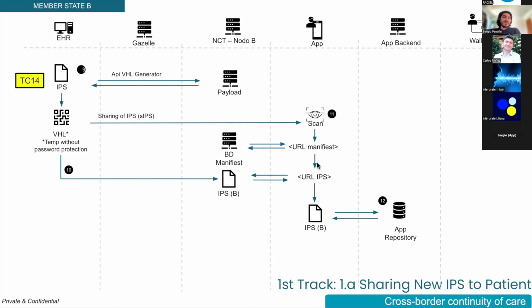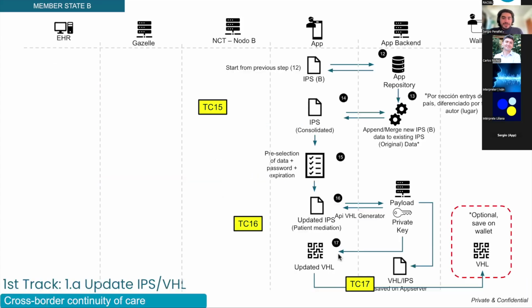So this is the first part of the new things that we have in this latest version, which is the possibility of scanning a VHL and getting the corresponding IPS.